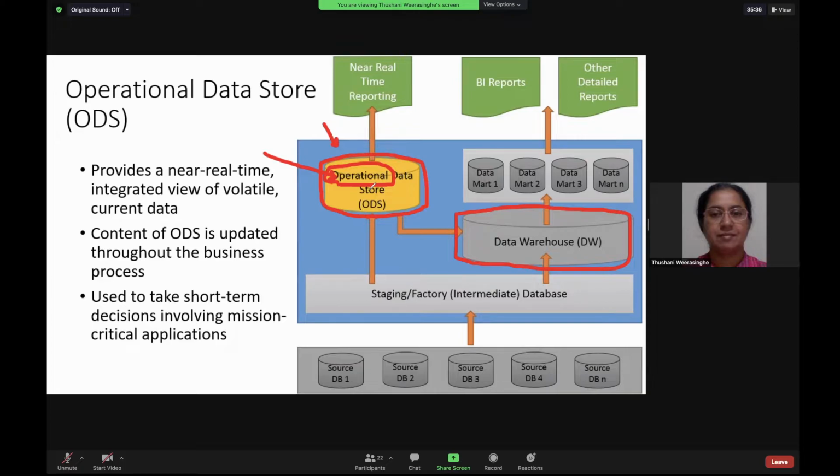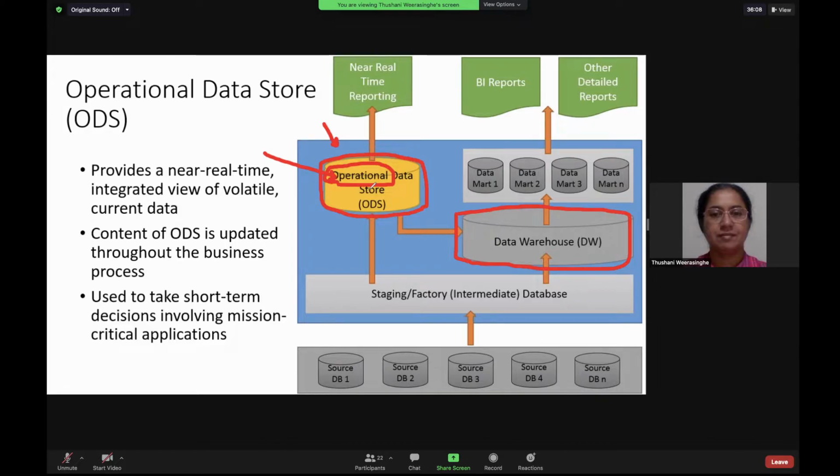This is good for taking short-term decisions: what is happening right now, what should be done now, whether to hold, whether to make changes to the process, whether to stop some processes immediately.